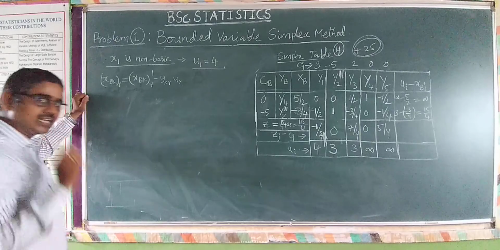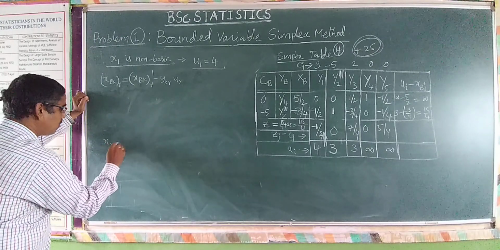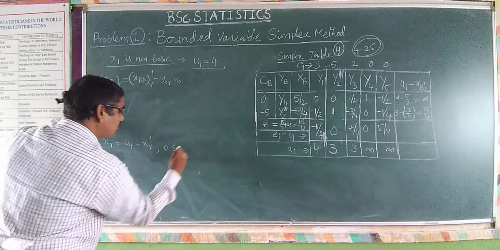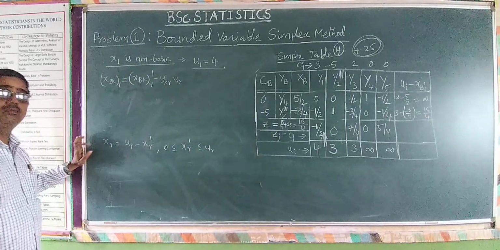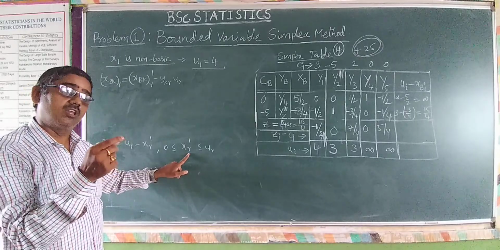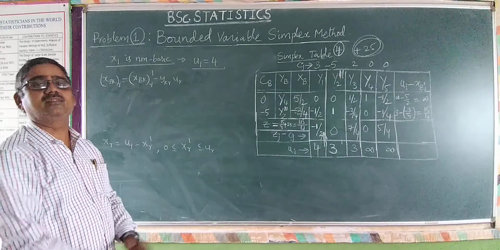And then put it at 0 level. The formula is xr is equal to ur minus xr dash, where 0 less than or equal to xr dash less than or equal to ur. It must be known. For this, the limits of xr dash are to be computed.